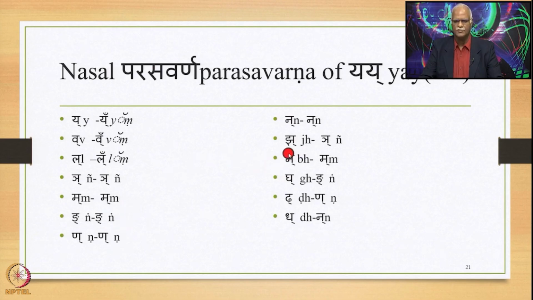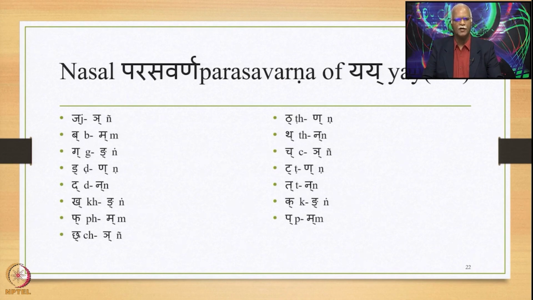Then we have jha, bha, gha, dha, dha, and the substitution would be its nasal parasavarna: that is ya for jha, ma for bha, for gha the nasal parasavarna would be nga, for dha it would be na, and for dha it would be na, the nasal of its own class.